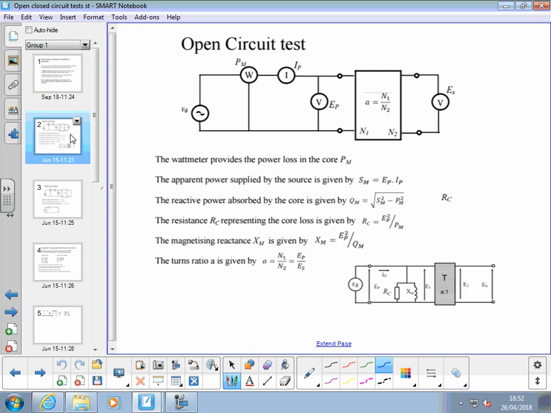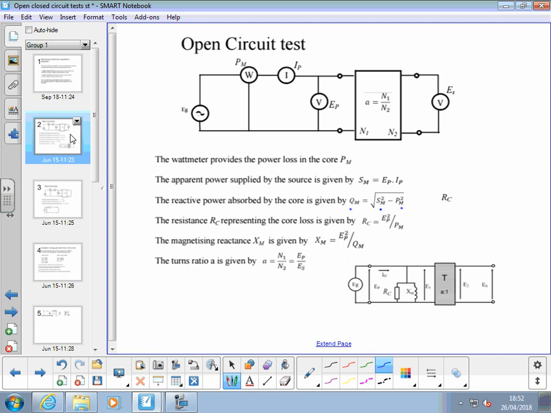Reactive power absorbed by the core can come through calculation, because if we know the power and we know the volt amps, we can find QM. Then we can calculate a resistance representing the core loss from EP squared over the power, using one of the power formulas rearranged.